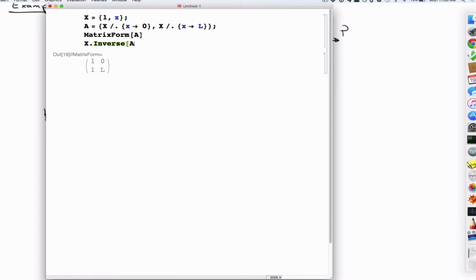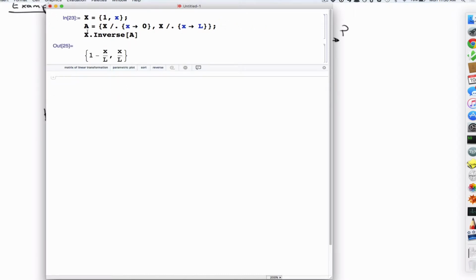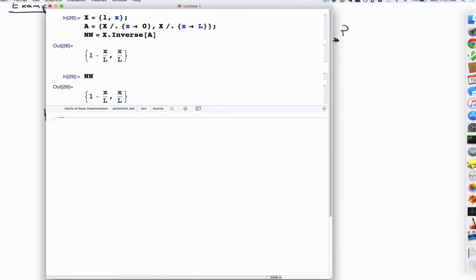There we go. Sorry. Now I want my shape functions to be evaluatable at x. They need to be functions of x, right? If I just assign them to a variable, then I can't.